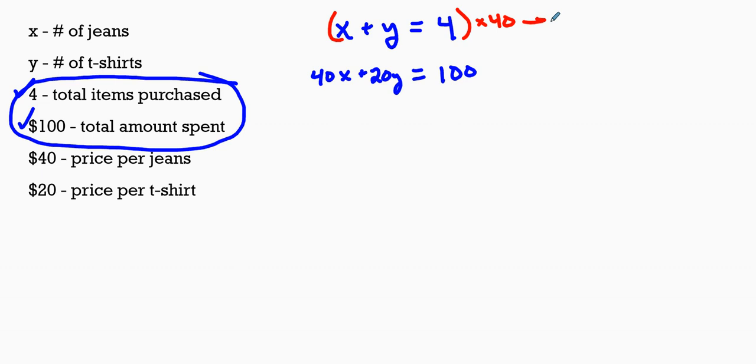And that's going to give me over here 40x plus 40y equals 160. And then I'm going to bring the other one along for the ride: 40x plus 20y equals 100.